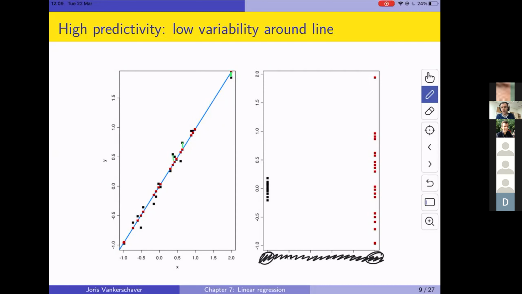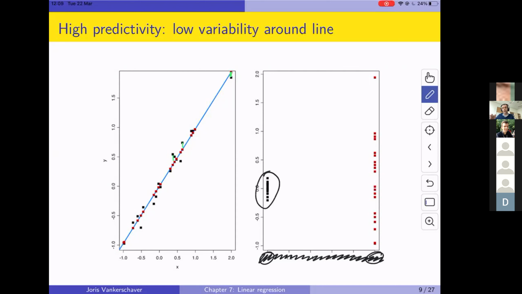Okay, so let's look again at the scenario where we have low variability around the line. My residuals are quite small now, and I see that also in my plot of the residuals. The residuals cluster quite closely together. By comparison, for my predictions, that hasn't changed much or at all.